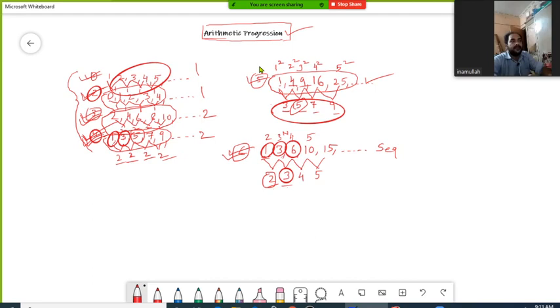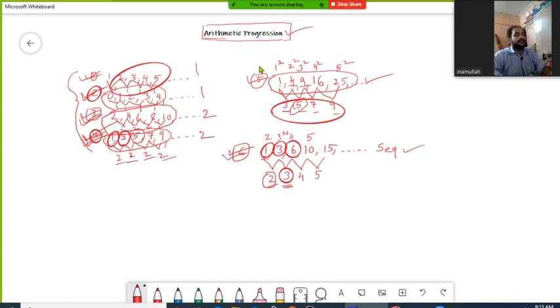3 minus 1 is 2, 6 minus 3 is 3, 10 minus 6 is 4, then 15 minus 10 is 5. So every time when we subtract any two consecutive terms from this sequence, I am getting a different difference between them.